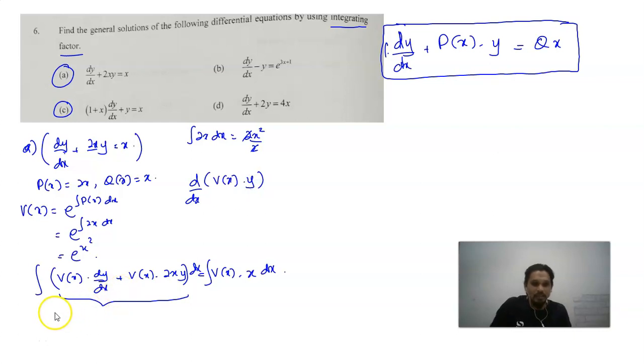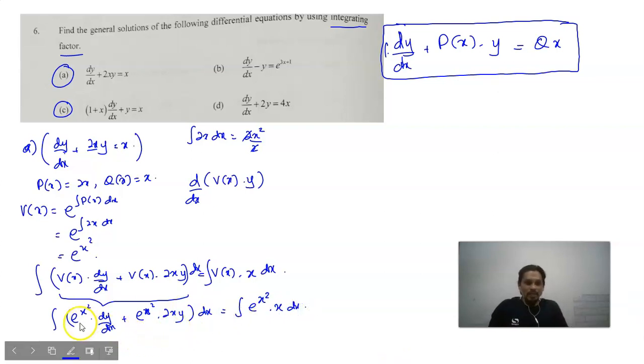The integral of e^(x squared) dy/dx plus e^(x squared) times 2xy dx equals the integral of e^(x squared) times x dx.